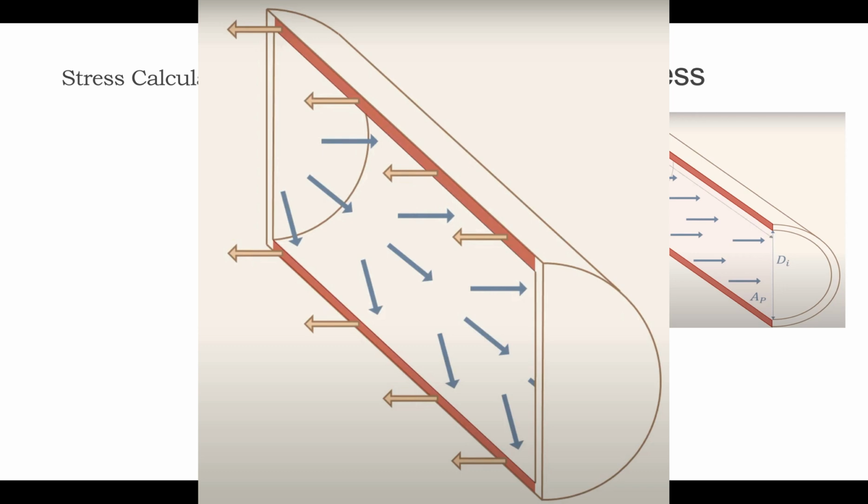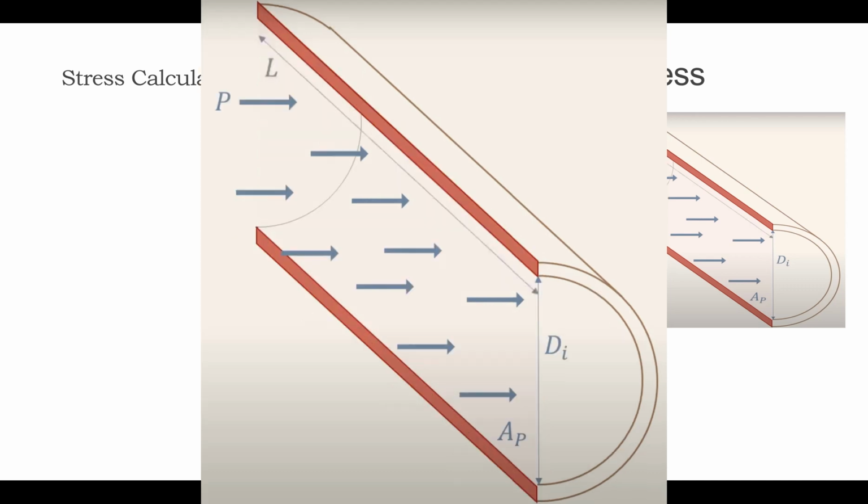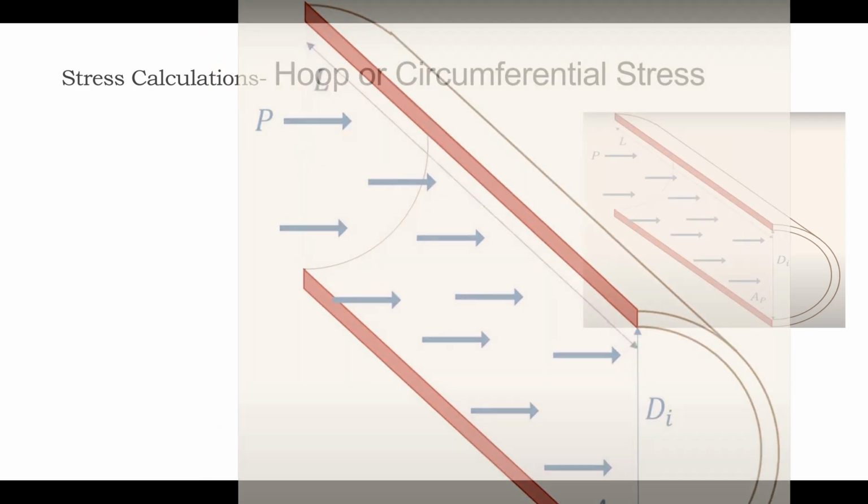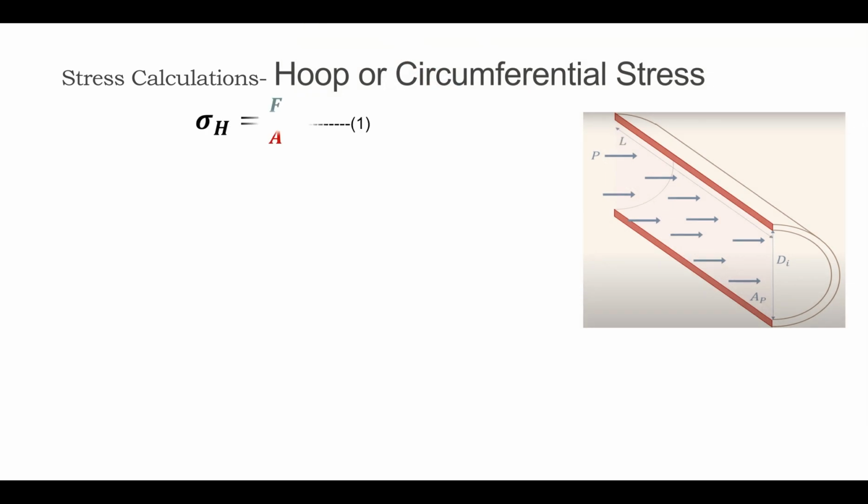Let's consider a half section of the pipe having length L as shown in the picture, thickness T, and inside diameter Di, to understand the concept of hoop stress and how to calculate it. As we studied in part 1, stress is equal to applied force divided by the cross-sectional area.